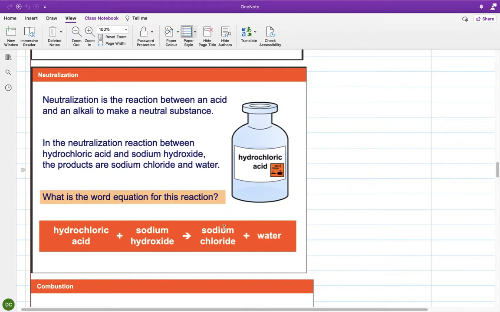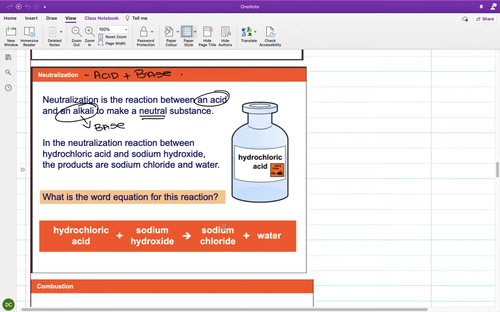Now neutralization, this is important. Neutralization is the reaction between an acid and a base to neutralize it, and we do study acids and bases. So when you react an acid with an alkali, and an alkali is another word for a base, you get a neutral substance. I always think of this in terms of maths.